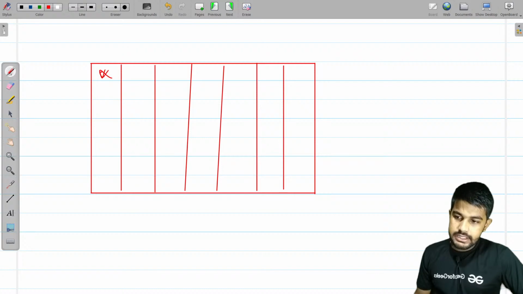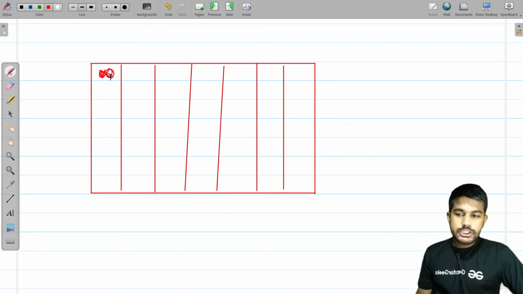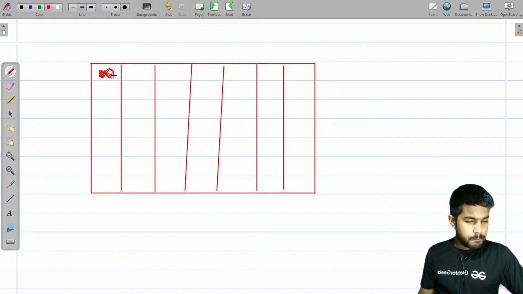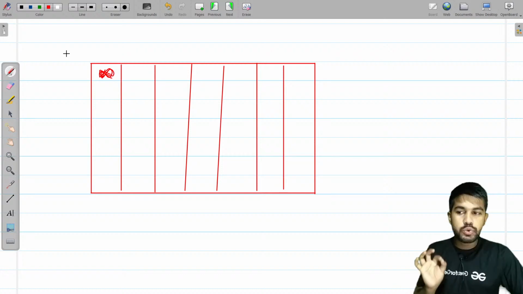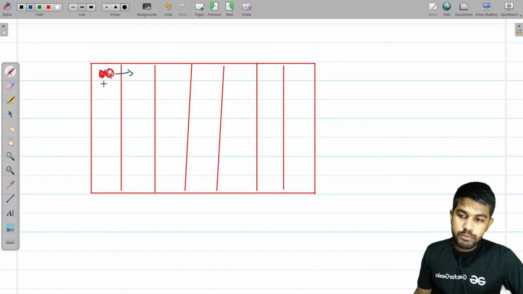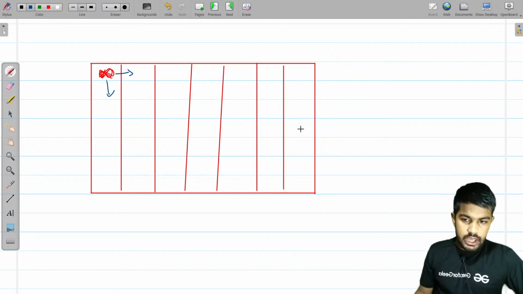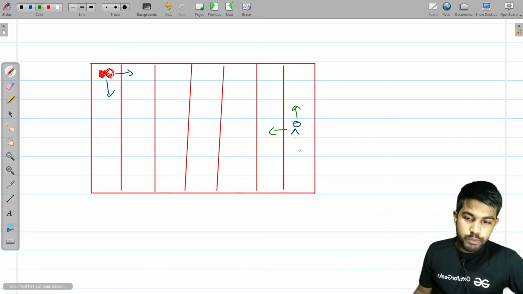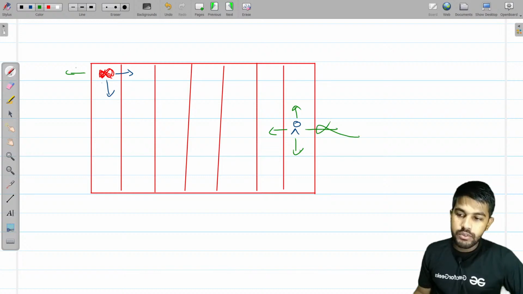It is told that I can move in all four directions, but I need to be within the grid. I can move in only certain directions if that is a corner element. Now suppose I am sitting at this position. I can move in this direction, this direction, and this direction, but I can't move in the other directions.